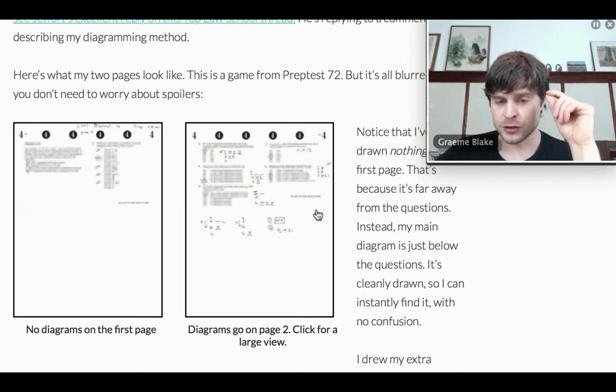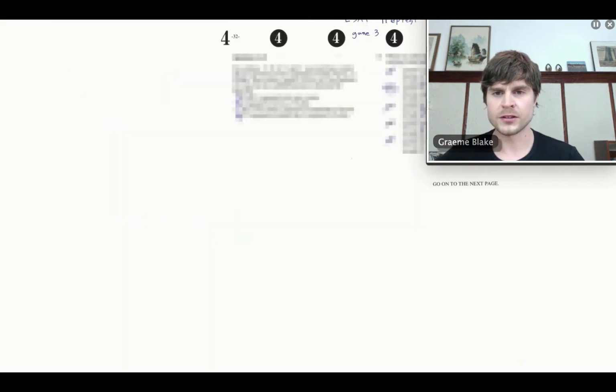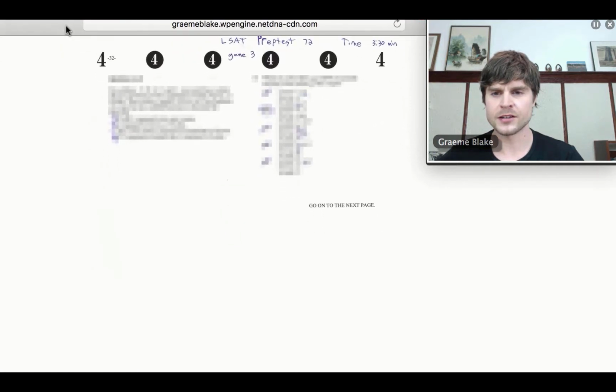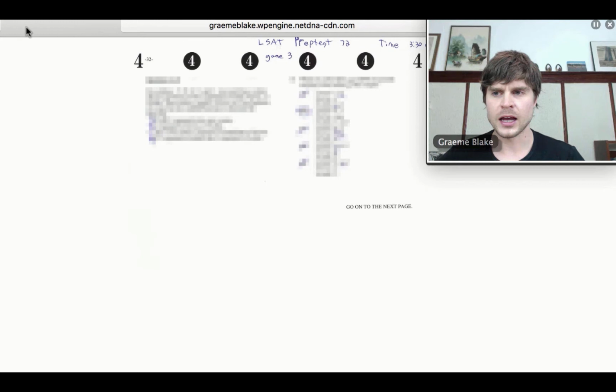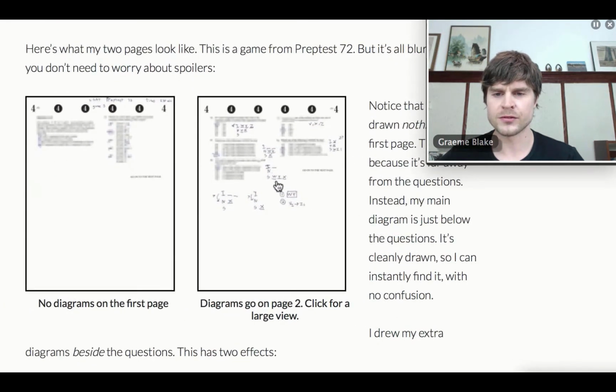I'm actually not so sure they're doing you a favor by giving you this extra space. At least there's a lot of potential to use it incorrectly. What I see a lot of people do is they will put their diagram on the first page. They'll draw the diagram over here. And what's wrong with that is that the questions are all the way over here on the second page.